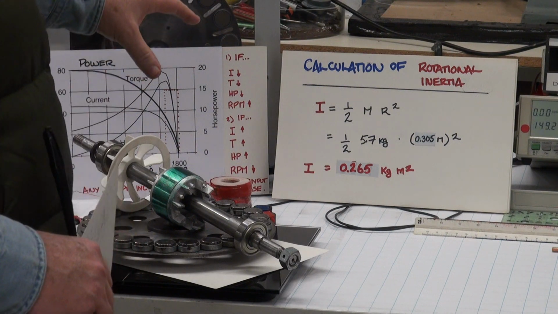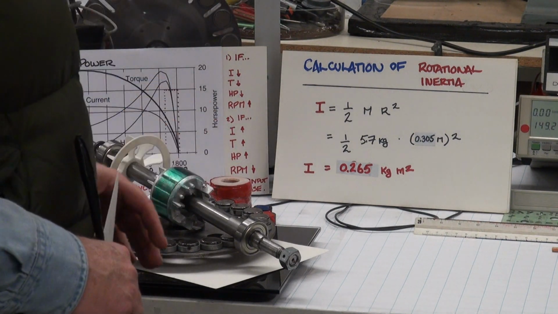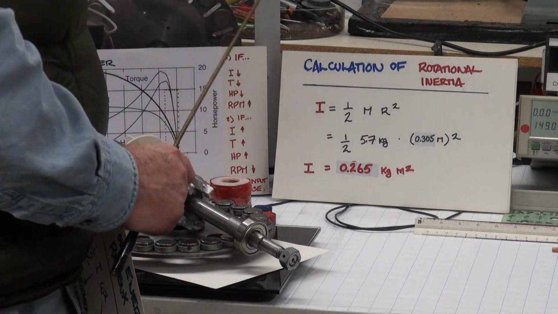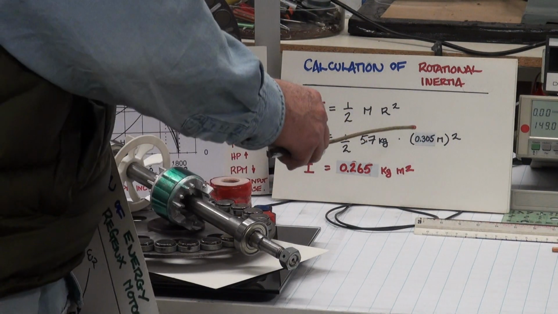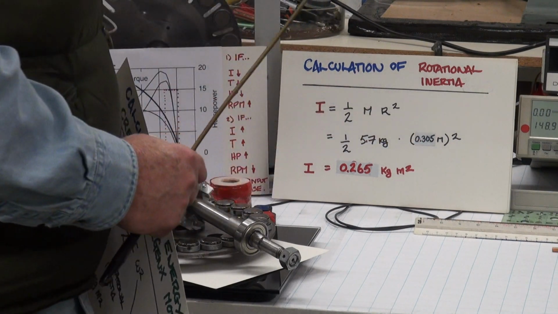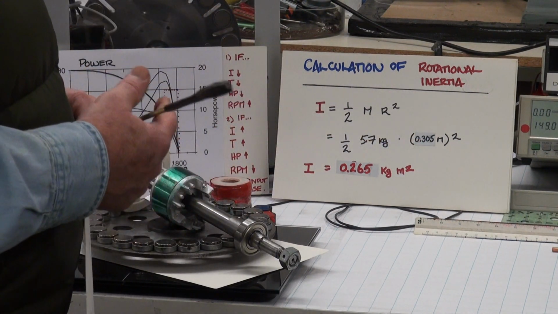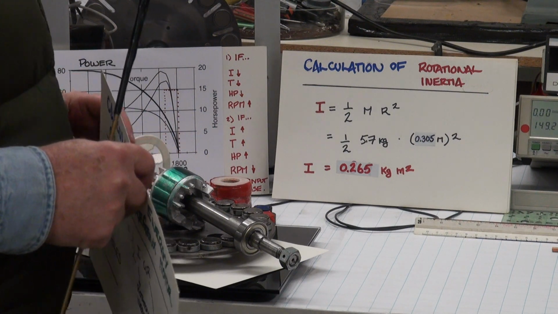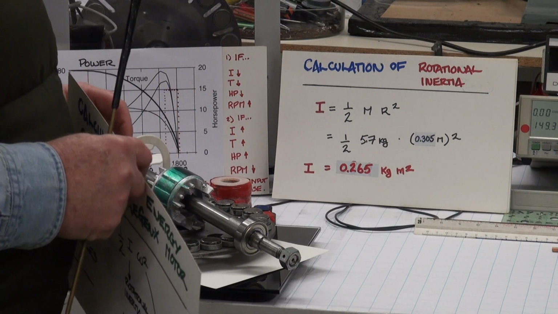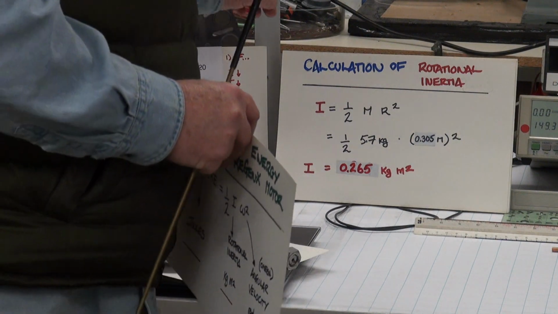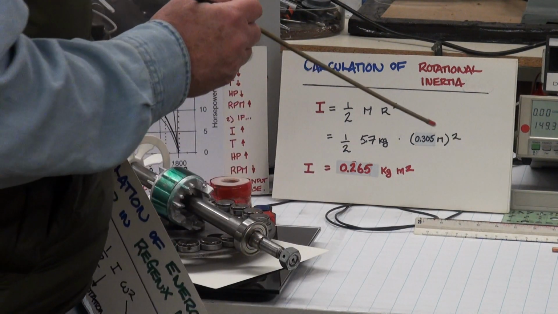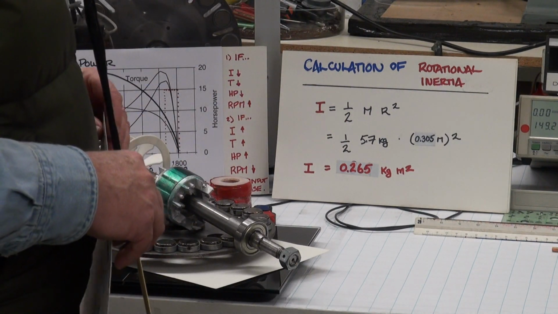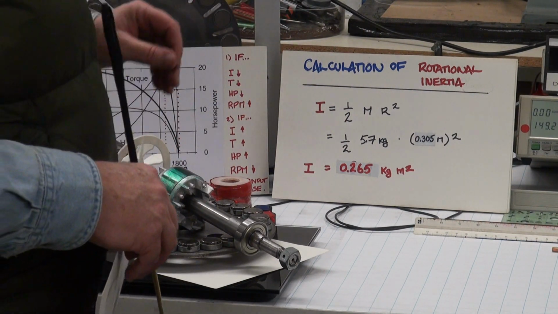The rotor combination is 5.7 kilograms, and the radius of our disc is 0.305 meters or 12 inches. And the rotational inertia is 0.265 kilograms meters squared.